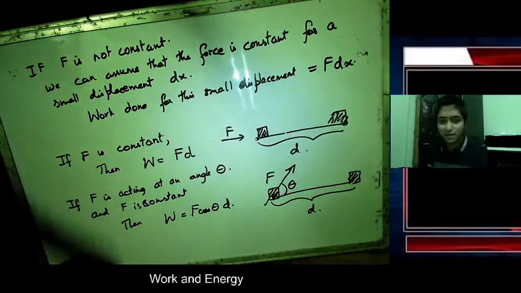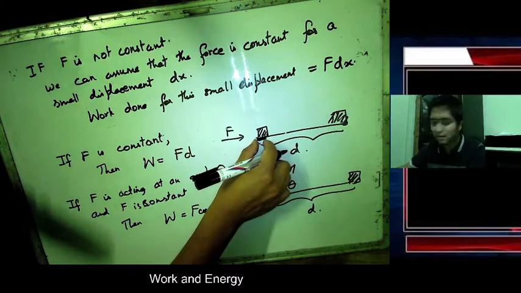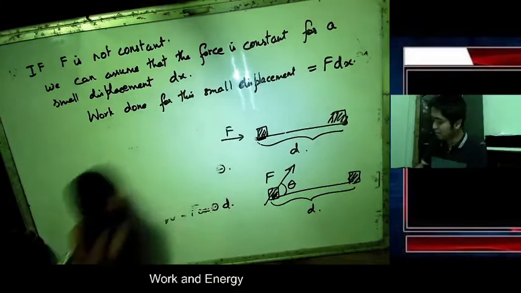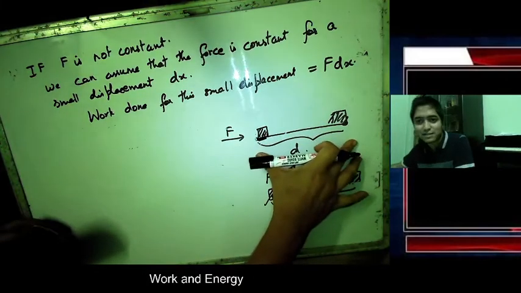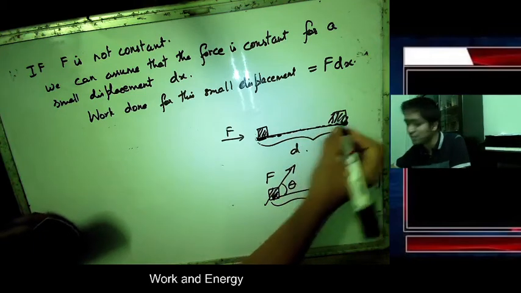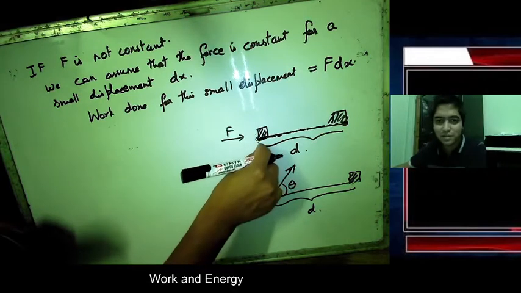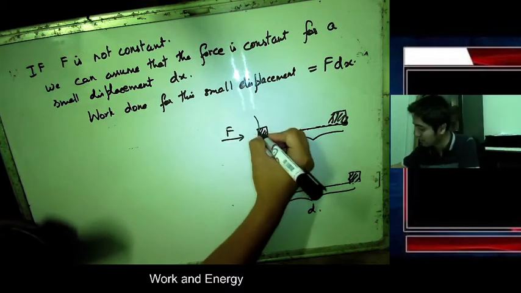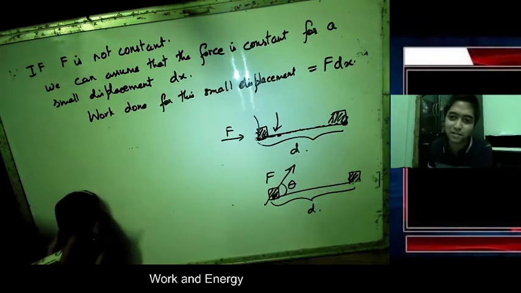Over here you are applying a force but considering only a very small distance, but still we need a very huge distance from here to here. So what can we do? We can divide this whole distance into very small portions, and assume that for each of those small displacements the force is constant.